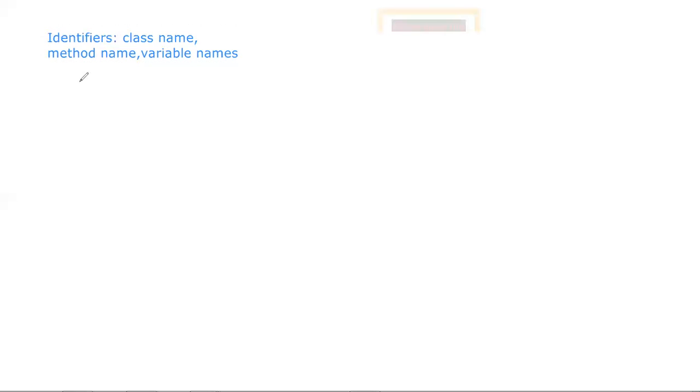As we know, we can't give odd names; we have to follow some rules specified by the language. I'll write down some rules now. There are 5 to 6 rules to be followed whenever we write identifier names for classes, methods, or variables.